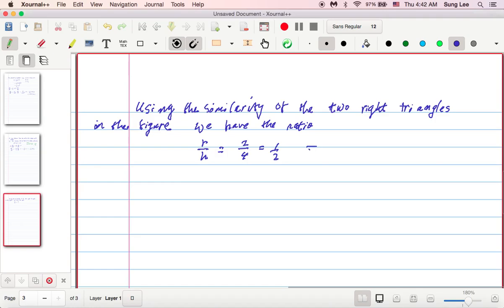So we can solve it for R. R equals 1 over 2 H.